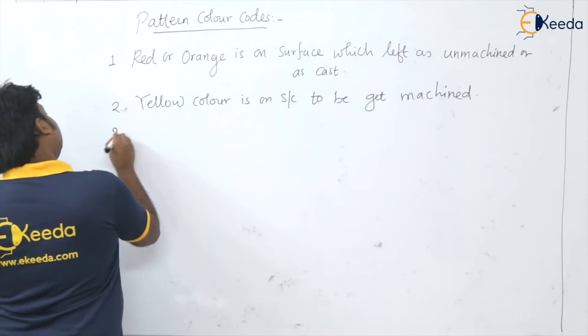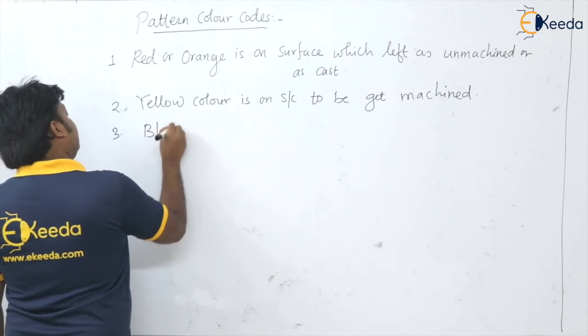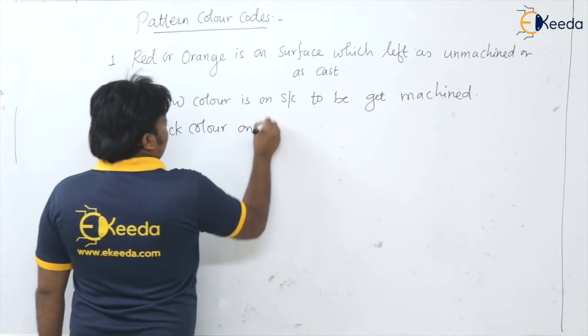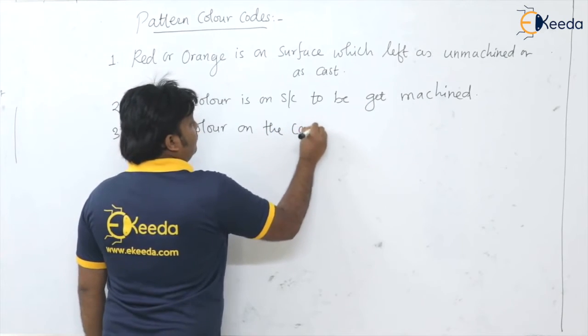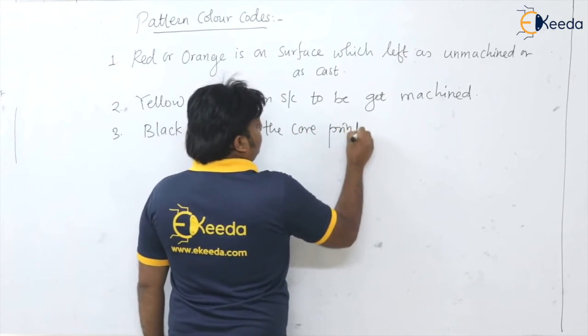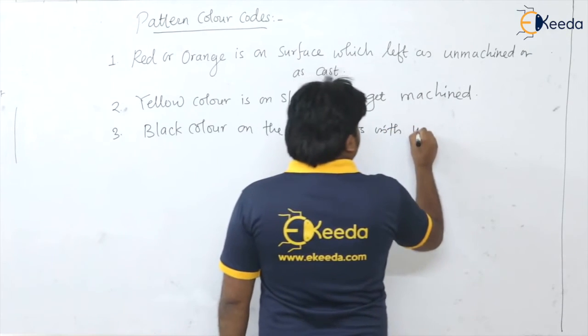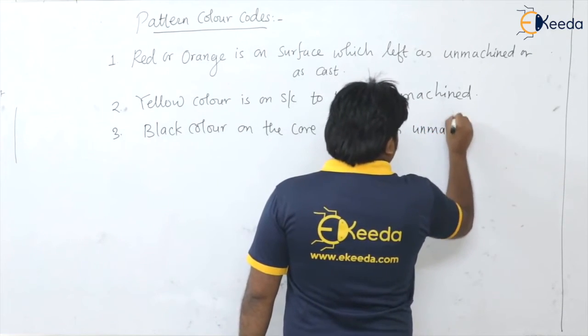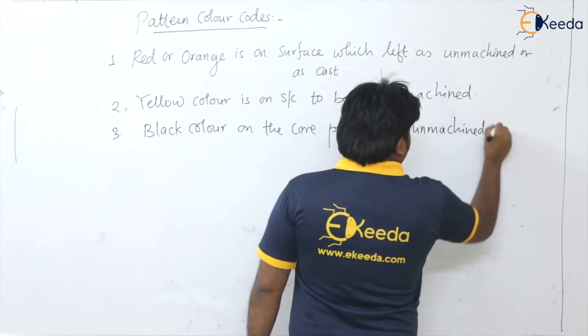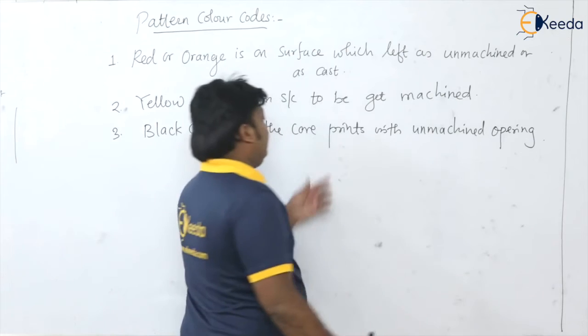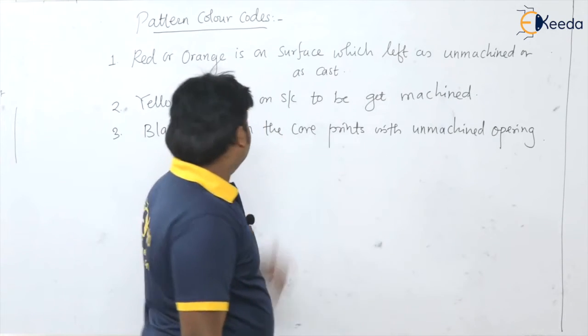Then we are using the black color on the core prints with the unmachined opening. Definitely we are going to see what is meant by core print in our upcoming videos.